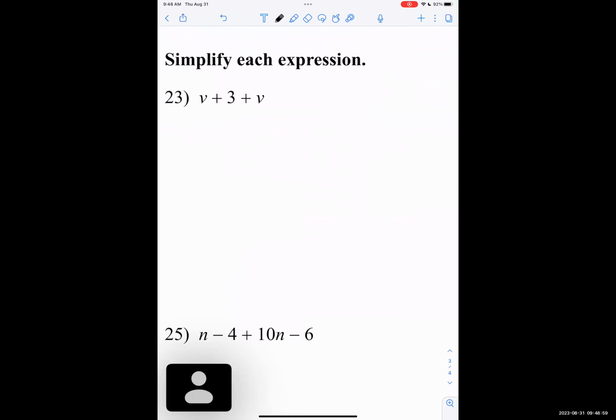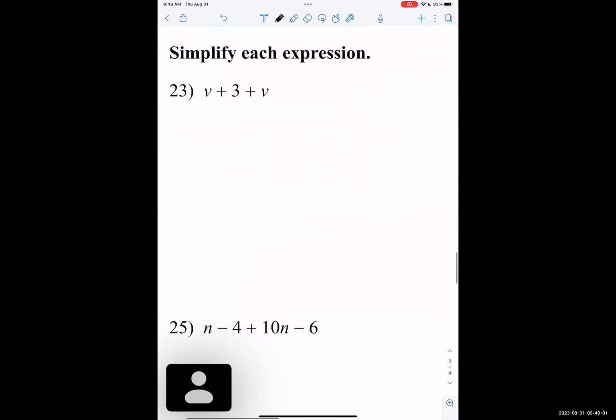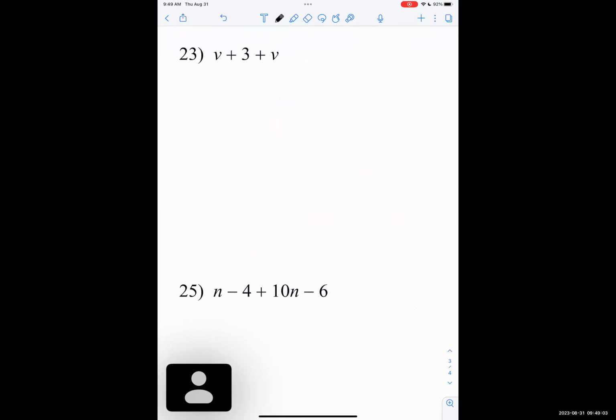Okay, 23. First of all, cover that up. Is this an equation or an expression, and why? Don't look at the directions, just look at your screen. Type in direct message, equation or expression, and why.